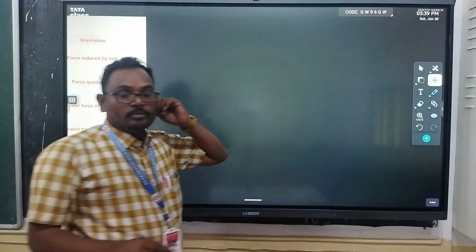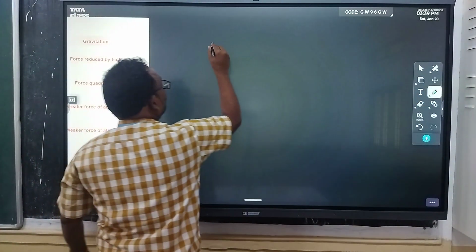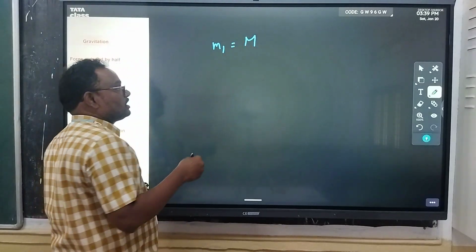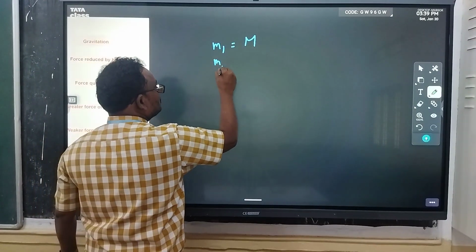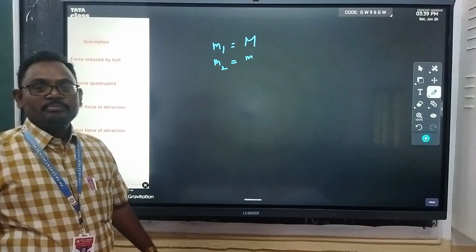Now, the mass of the earth is taken as m1, equal to capital M. Let us imagine that an object is there on the earth, and the mass of the object is small m, because if we compare the mass of the earth to the objects, that is very less only.